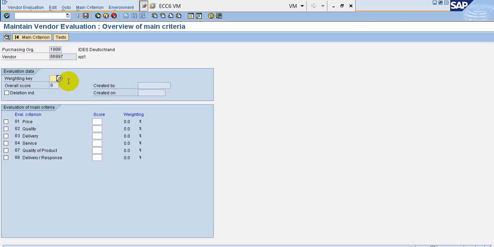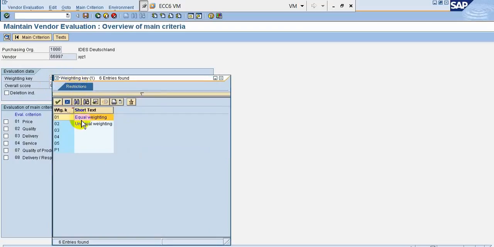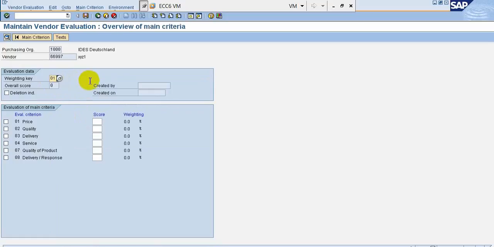For this also, the weightage key is not yet assigned, so let us assign 01. Now this is the main criteria area, whose scores we can enter manually. I don't want to enter at this place, because if we enter, it will ignore that one. I have shown that example already. Now let us go to entering at the sub criteria level.